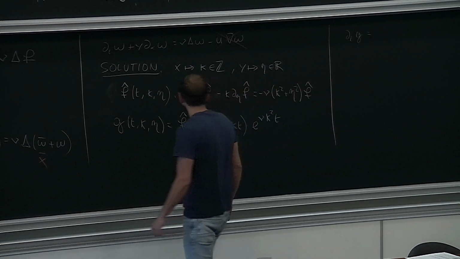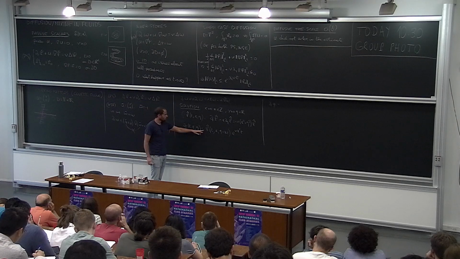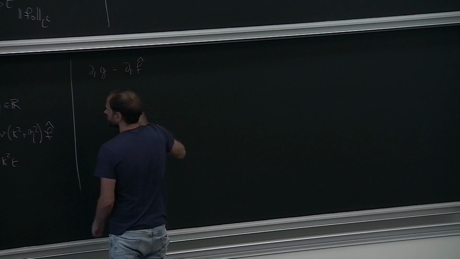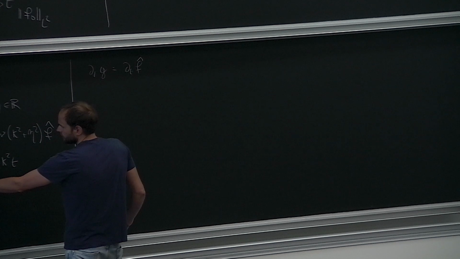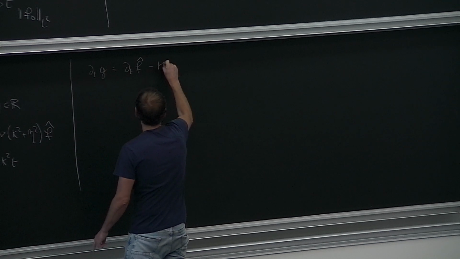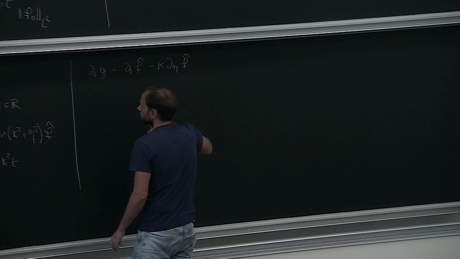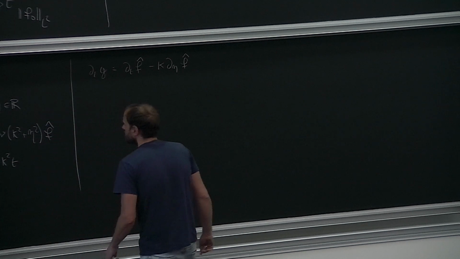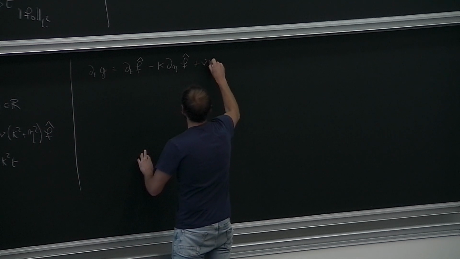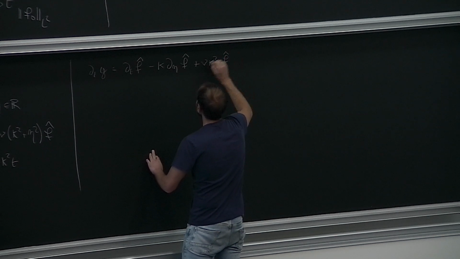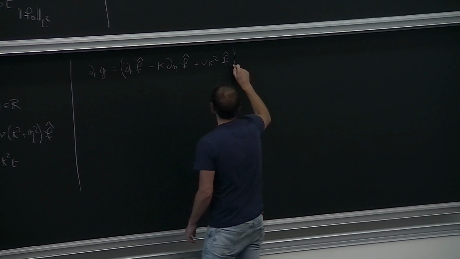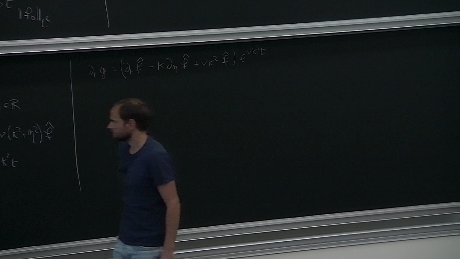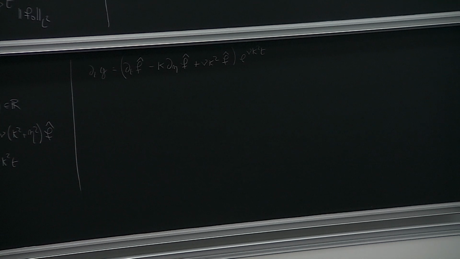If I did the signs correctly, I get dt f hat minus k d eta f hat, and then plus nu k squared f hat times e to the nu k squared t. It seems the signs are correct.